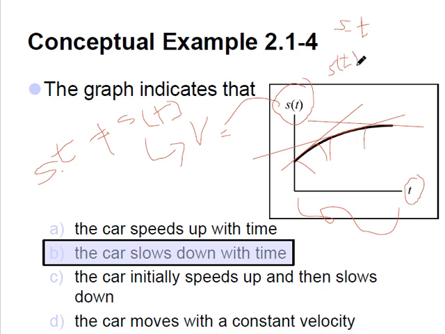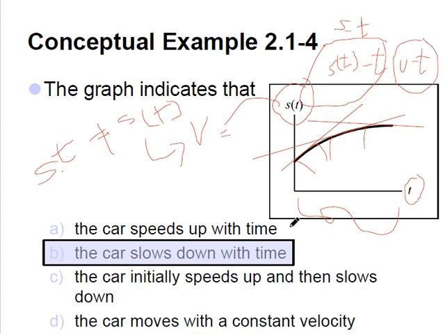The s-t graph and the v-t graph are two different things. Even though we write it this way, in our brain we read it this way.